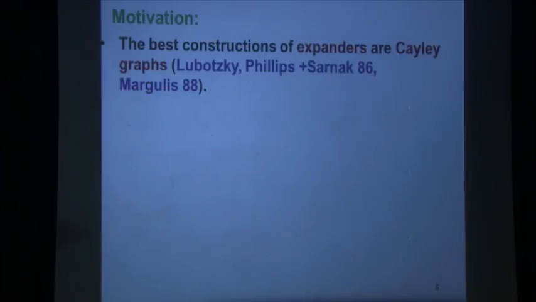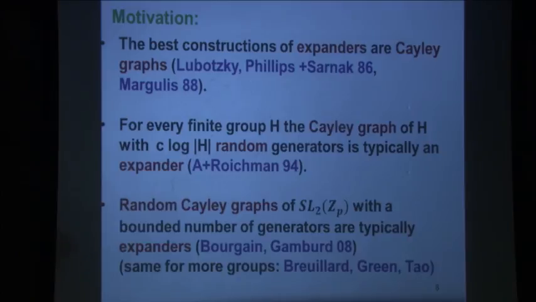And I'll tell you 3 motivations. I'll not say much about each of them unless you ask me, but on each of them I can say more. The first one has to do with expanders. Expanders are pseudo-random graphs. They are sparse graphs that are very well connected. And they have lots of applications in computer science, in combinatorics, in group theory, in other areas.